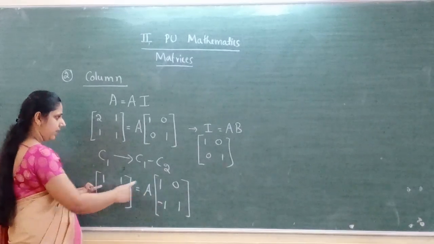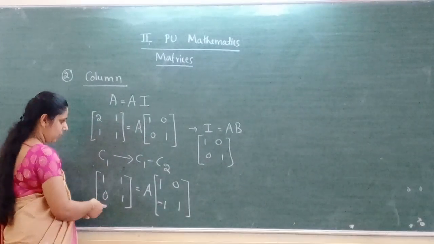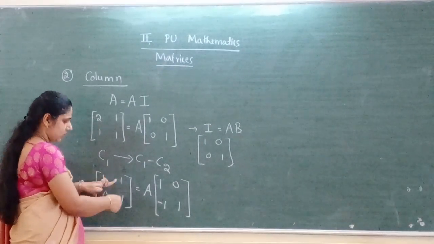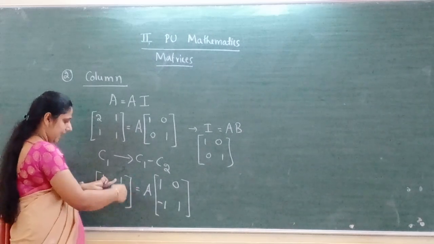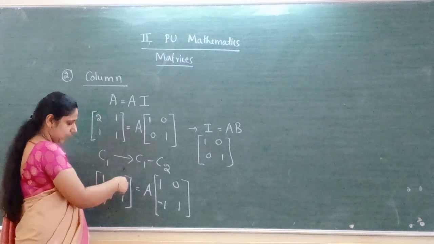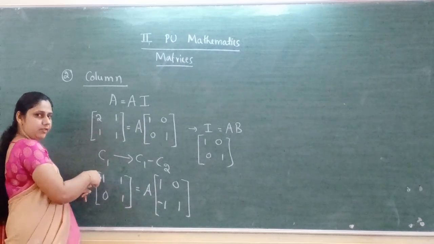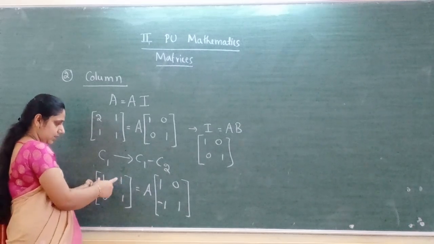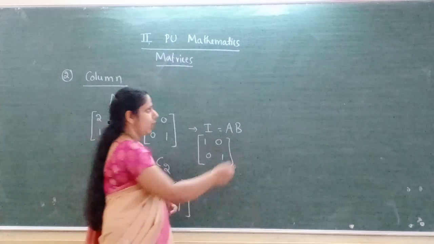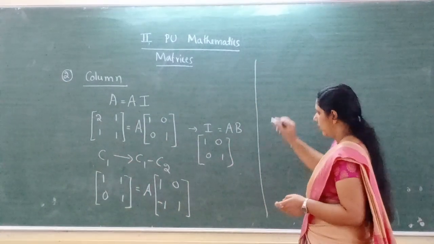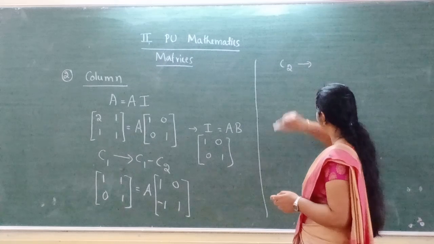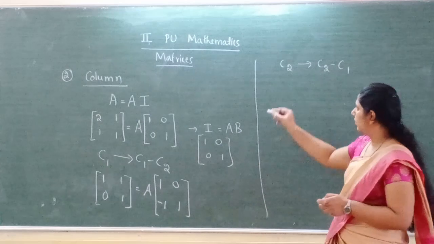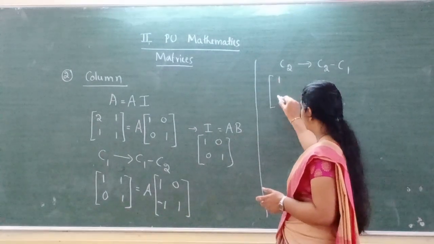Now compare this matrix with the identity matrix. 1, 0, 1, 0. So this element must become 0. Now we have to change the elements of the second column. Here we have 1 in the second column and 1 in the first column. So if I subtract C1 from C2, then this element becomes 0. So you have to do the operation C2 minus C1. The first column has no change.